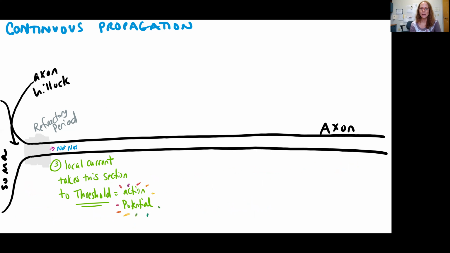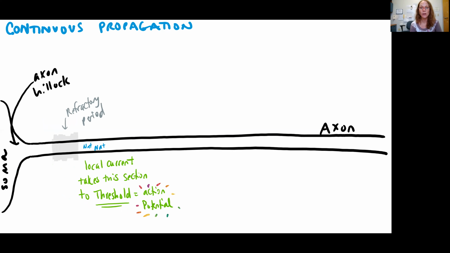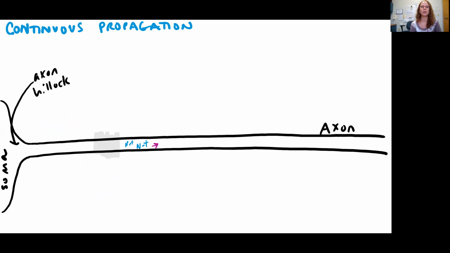Once it's at threshold, we're going to have an action potential. Notice the piece behind is in refractory period. So even though that sodium, that local current, is spreading both ways, we only get the action potential going in one direction. This sodium then is going to take that next spread by local current, take that next section of membrane to threshold. The piece behind is in refractory period. We get our action potential, and then this just continues to happen as we go through the whole length of the axon.